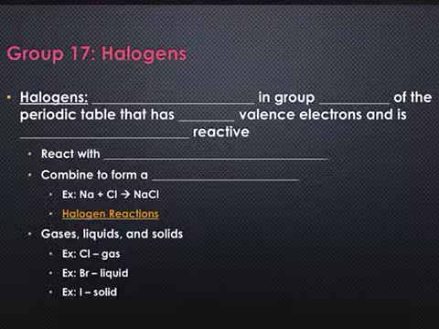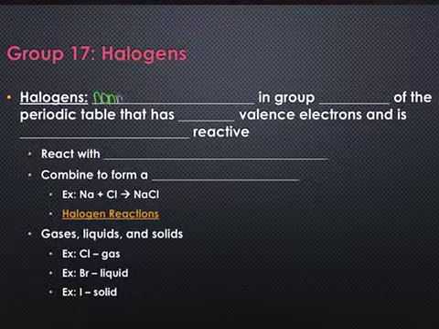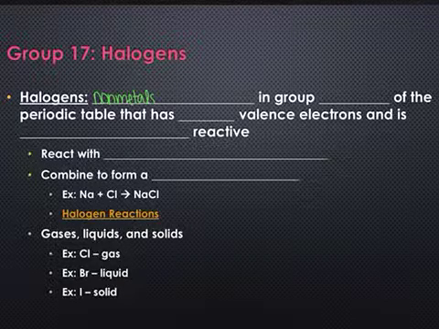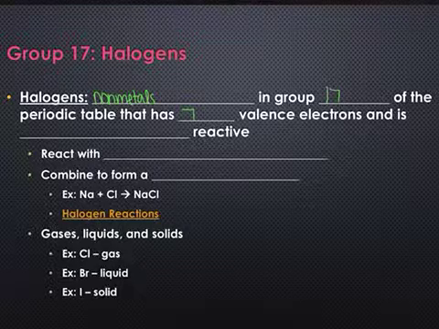Group 17 is called the halogen group. All of these are nonmetals. They're located in group 17, the 17 indicating 7 valence electrons, and these are very reactive.